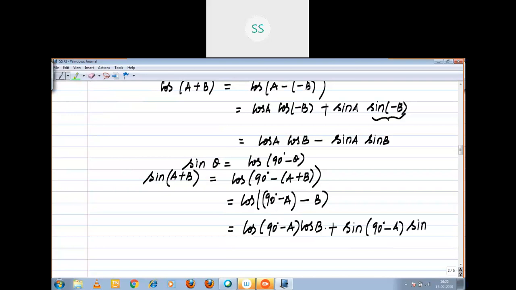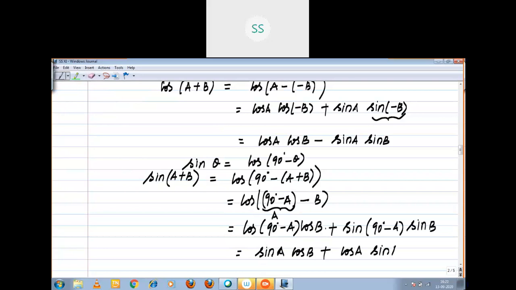Cos of (90 minus A) minus B. So cos A cos B, here minus is there, so what does it become? Plus sin(90 minus A) into sin B.